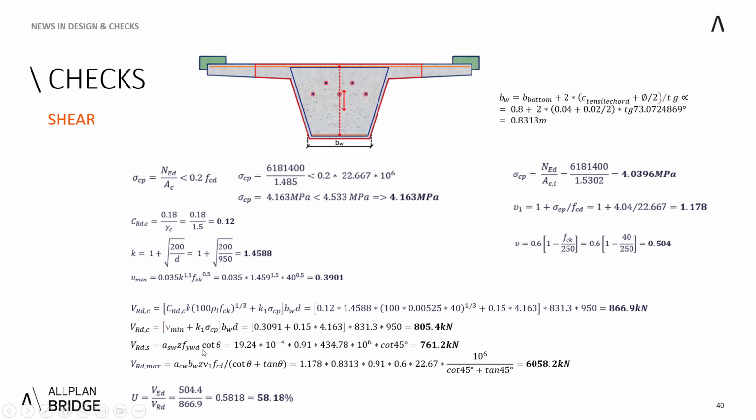Then we can calculate how much is resisted by the stirrups. It's 761, so it's actually less than the concrete. And VRd,max is the resistance of the concrete compression strut, which is working as a limit from above. And at the end, you can see that the utilization is 58 percent, so it's not that much utilized, but it's the result of our example.